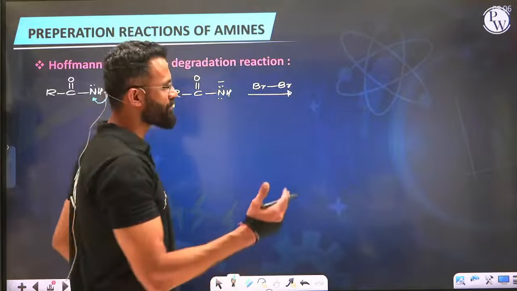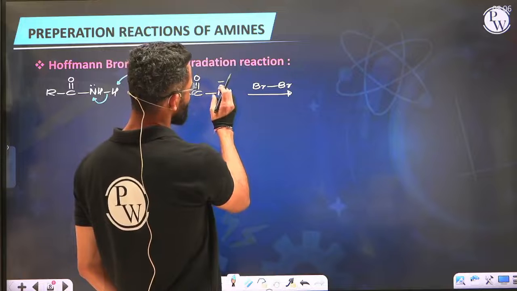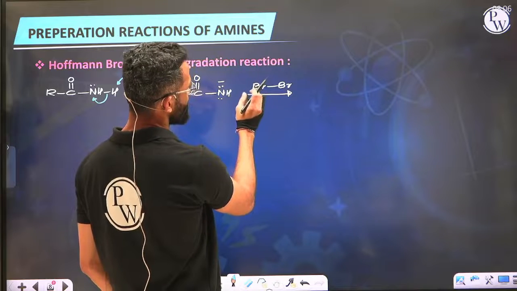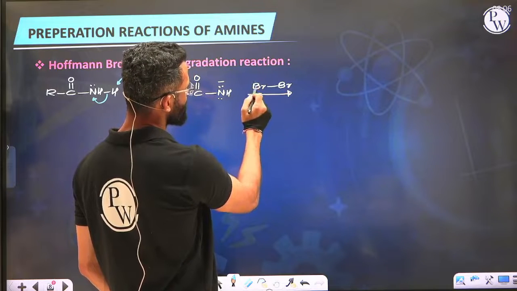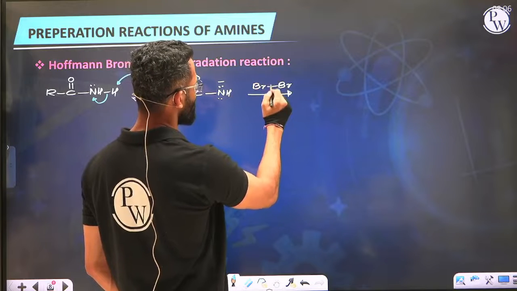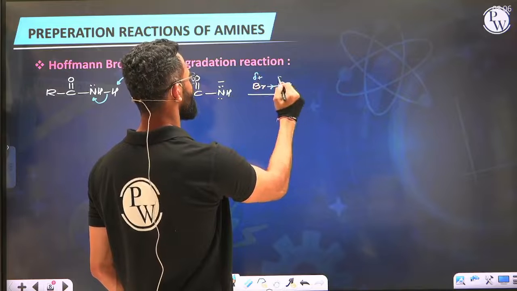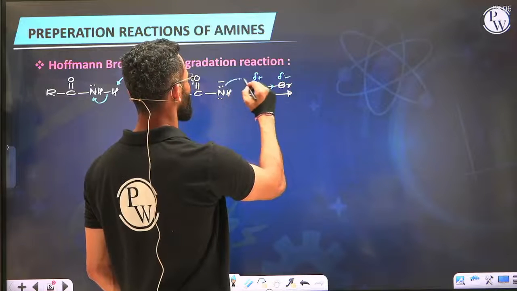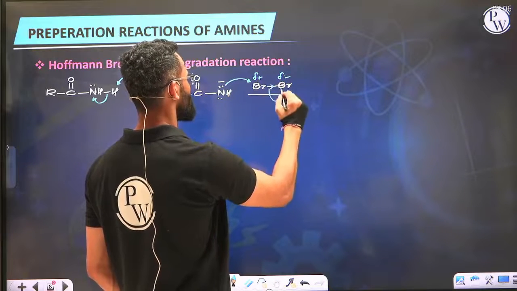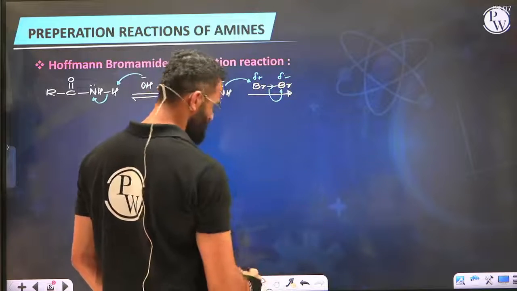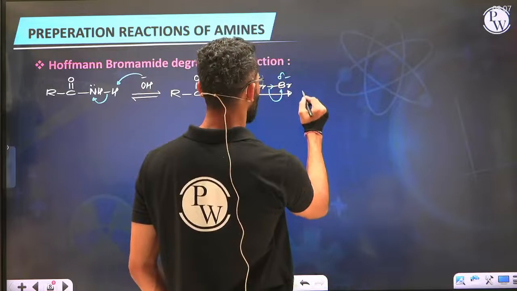Or another approach: when such an electron rich nitrogen approaches this bromine, since bromine also has 3 lone pairs, its electron density will be pushed away. Hence you will see this bromine carrying delta plus and the other carrying delta minus. So the lone pair of N attacked at this bromine and this bond broke over the other Br.